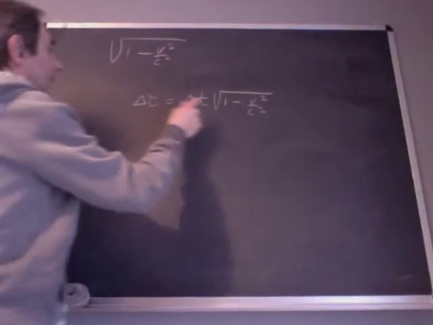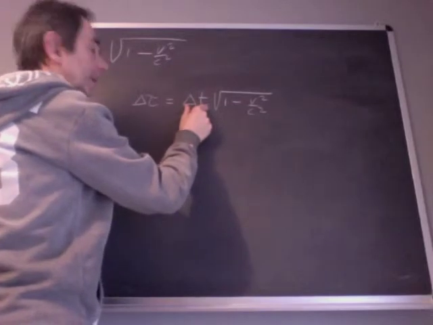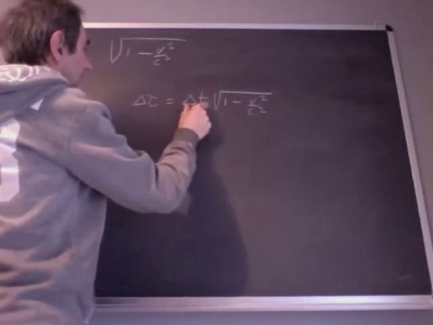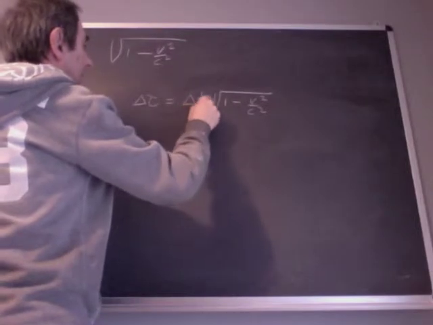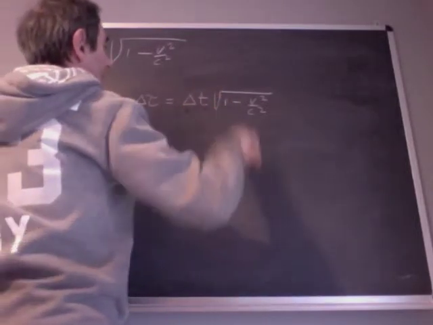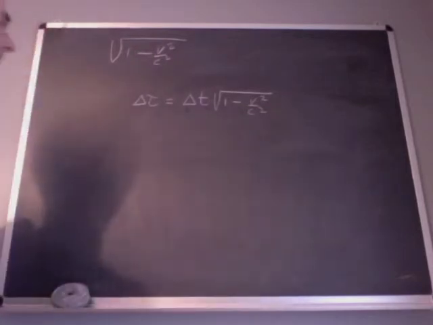You have to multiply the terrestrial time interval delta t times the square root of 1 minus v squared over c squared.